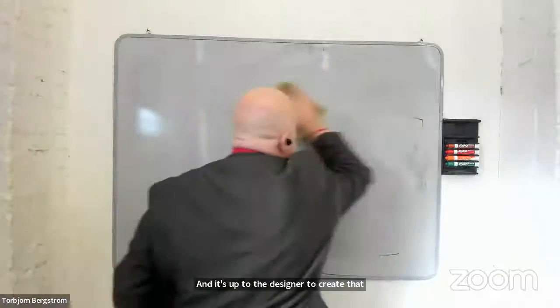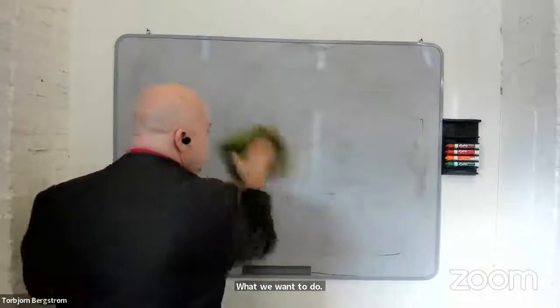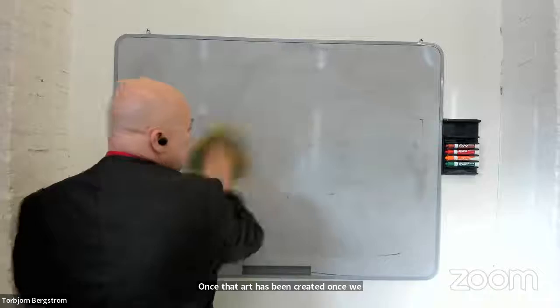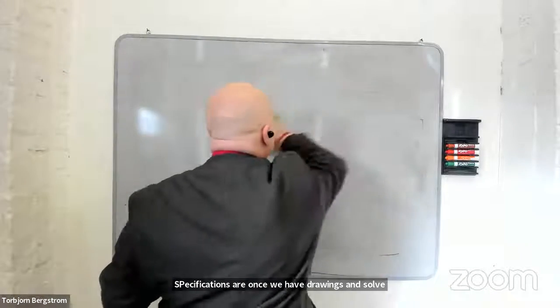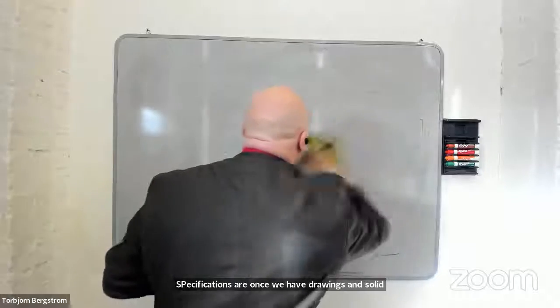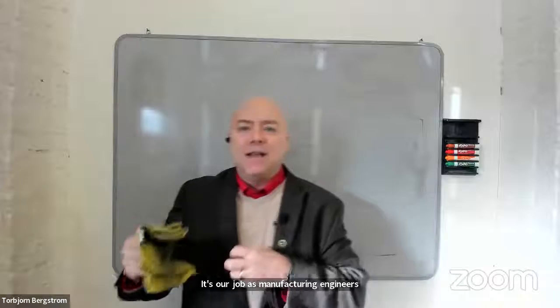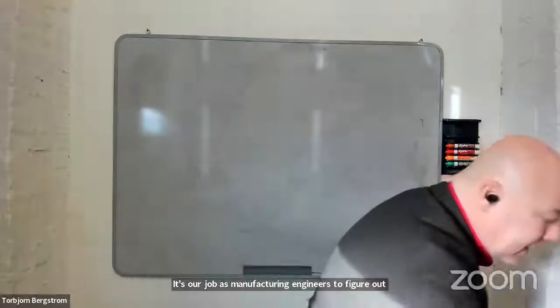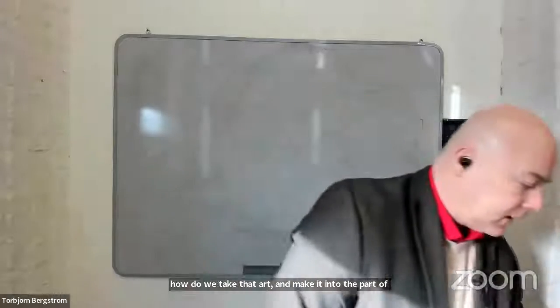What we want to do once that art has been created, once we know what the specifications are, once we have drawings and solid models and other material specifications, things like that, it's our job as manufacturing engineers to figure out how we take that art and make it into the part, the physical thing that the customer wants.